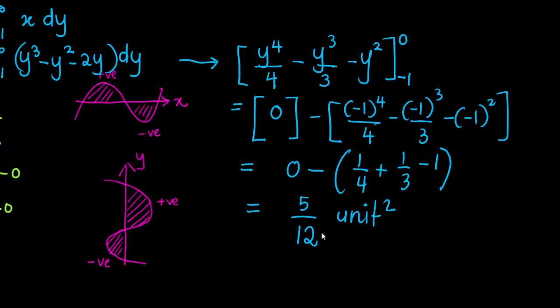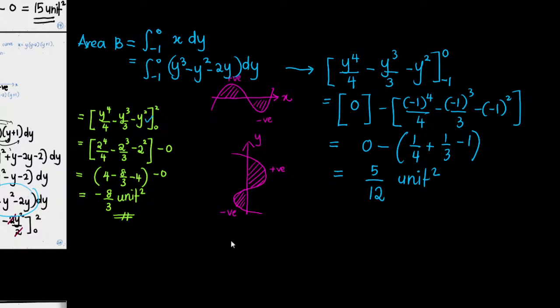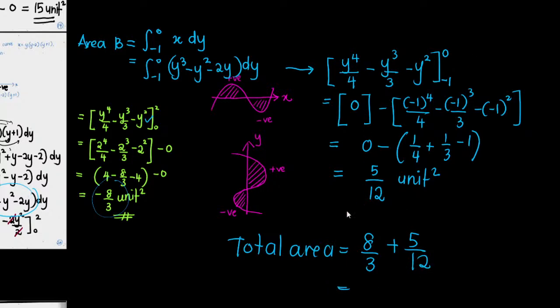Okay, so right now you already got both areas. So for the total area we plus. Even though here is negative, don't copy the negative, just take 8 over 3 plus 5 over 12. So 8 over 3 plus 5 over 12, we get 37 over 12 unit square.